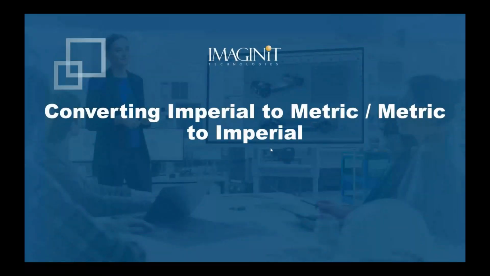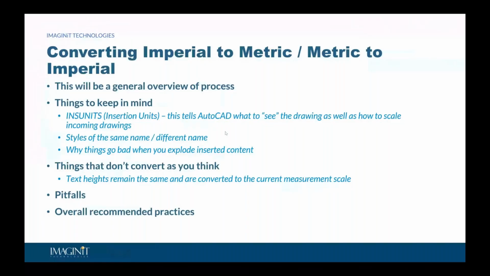So getting started, converting imperial to metric or metric to imperial. This is going to be a general overview of the process. Things to keep in mind: the INSUNITS, or insertion units, tells AutoCAD what to see the drawing as, as well as how to scale incoming drawings. What happens when styles are of the same name versus a different name, and why things go bad when you explode inserted content.